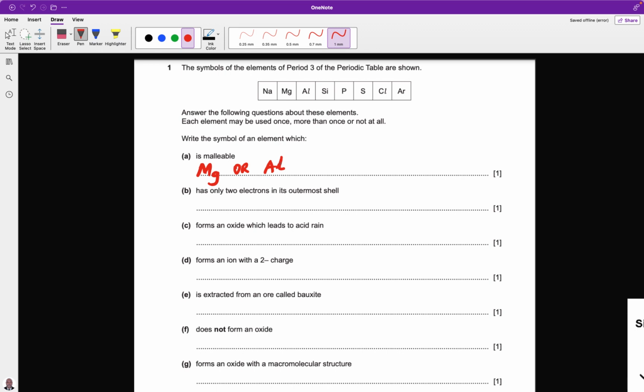So 2 electrons in the outermost shell will indicate that these are group 2 elements, because group 2 indicates that there are 2 electrons, sorry, on the outermost shell, or 2 valence electrons. So the only group 2 element here is magnesium.